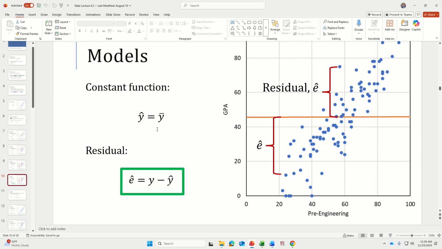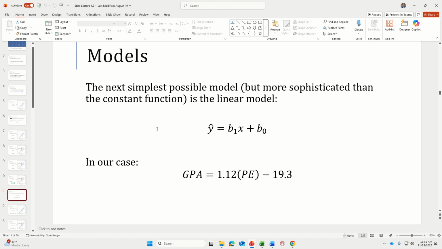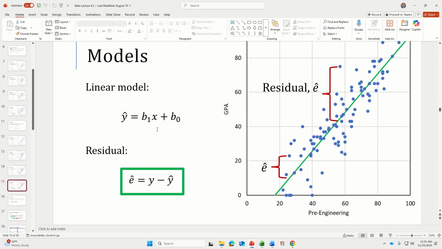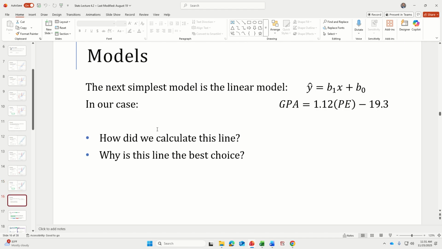So it's like the vertical distance in this case. That's my residual. And this is how we give it a slope. If we look at the residuals now, the residuals are a little bit less than they were before on average because we're getting the line closer to the dots.